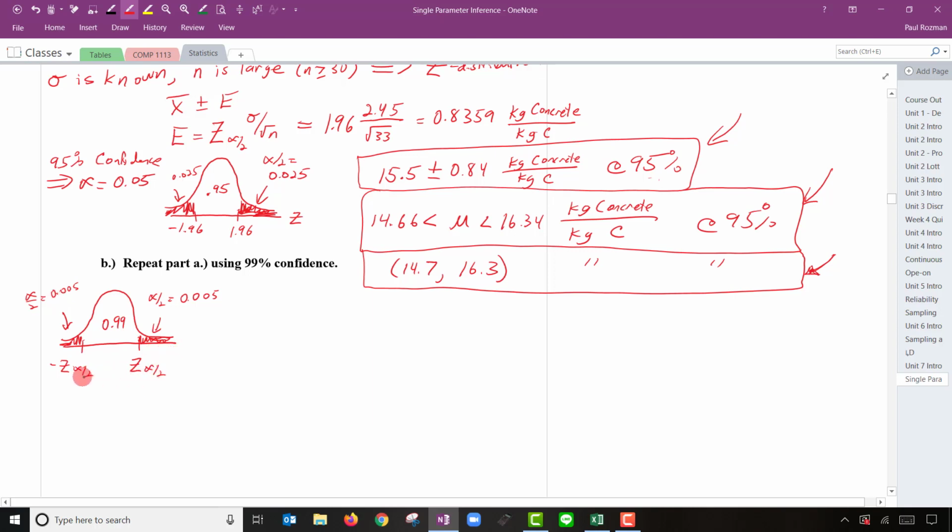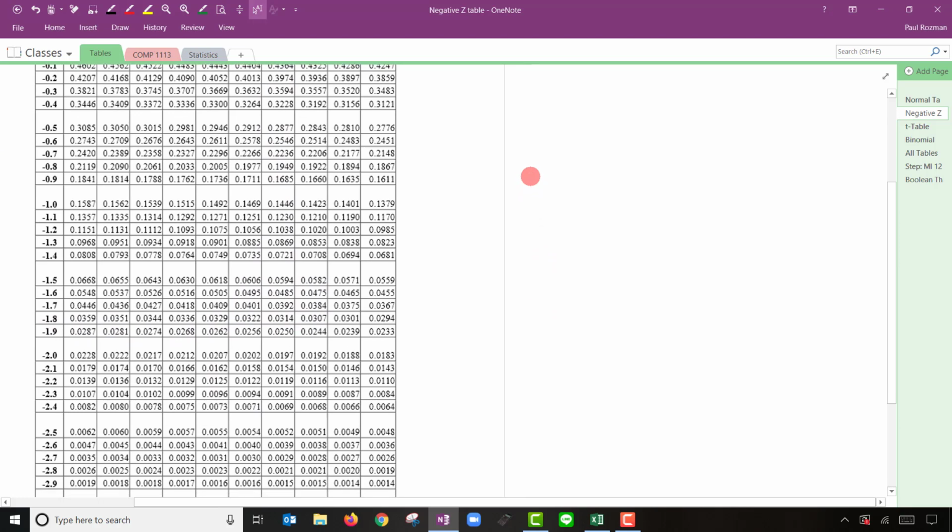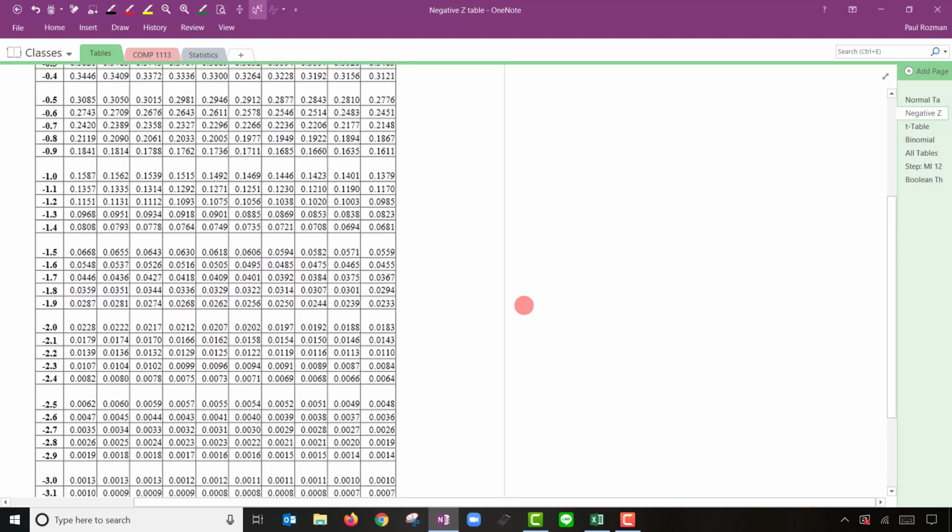We just need to figure out where these values are. If we have our negative z table, certainly we can go and look that up. We're looking up 0.005. I guess it'll be further down in the table here.